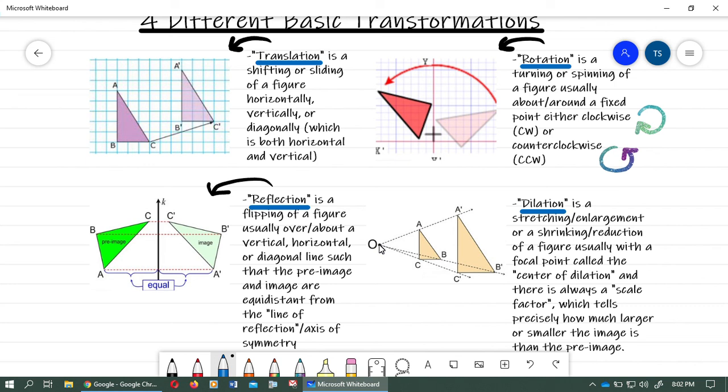If the scale factor was 2, the size of the image is 2 times bigger or larger than the pre-image. Okay, and then of course, if you had the opposite and the scale factor was something like 1/2 or 1/3, then the image would be 1/3 the size of your pre-image. Okay?